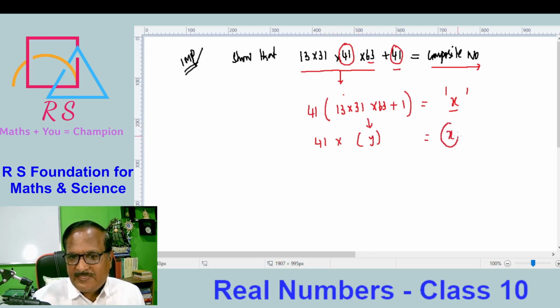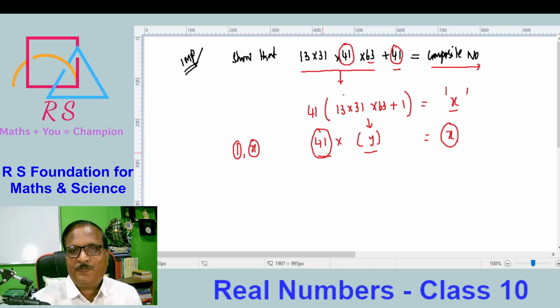So that means this x has factors other than 1 and x. 1 is a factor, we didn't write here, but other than 1 and x there is a factor 41. Therefore x is a composite number.